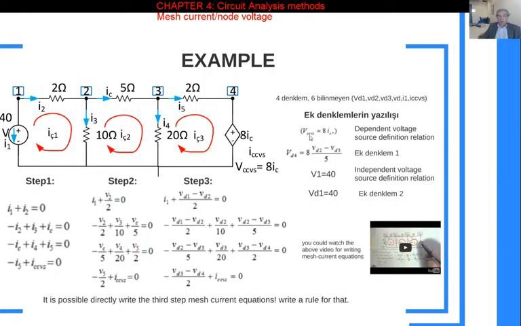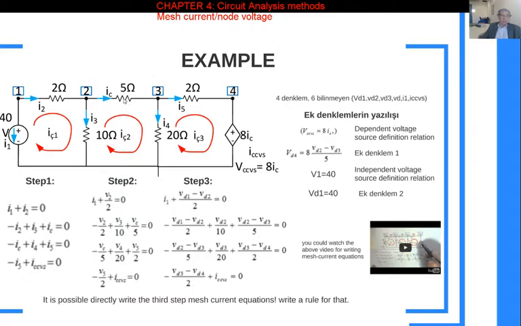The next step: these two variables, VCCVS and IC, are not among the unknowns in my equations. So I am going to transfer these two variables to these unknowns. It is easy. How? That is an element voltage, and I know that each element voltage can be written in terms of node voltages, so we can write this. Let's come to the current. This current is an element current.